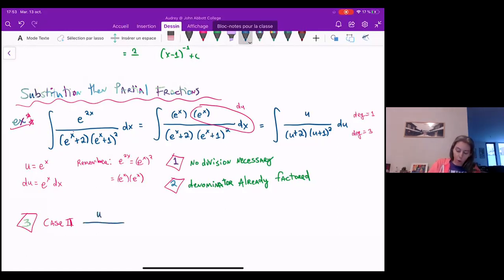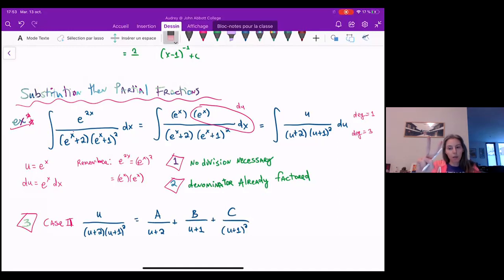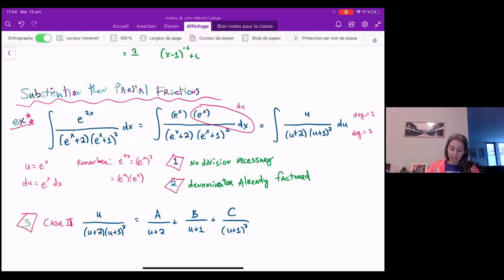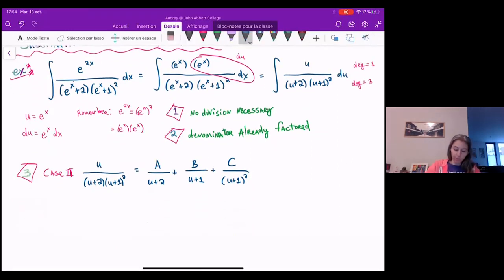So I have u over u plus 2 times u plus 1 squared is equal to A over u plus 2, and I'm just going to go in order here, plus B over u plus 1, plus C over u plus 1 squared. That u plus 1 occurs 2 times, so it gets 2 fractions to itself, each time my power is increasing. That is my partial fractions decomposition.